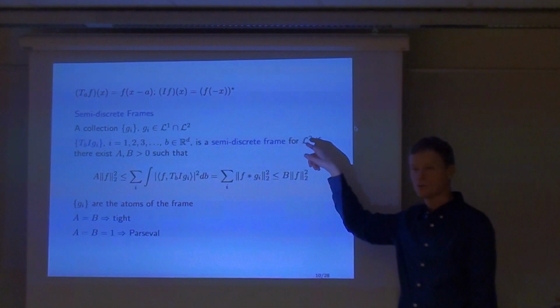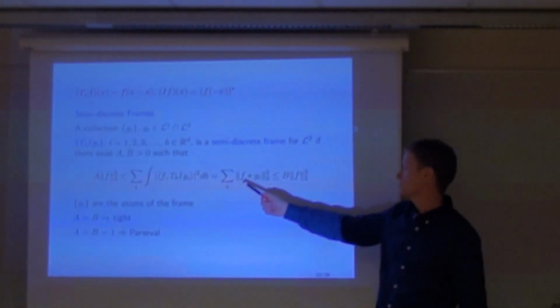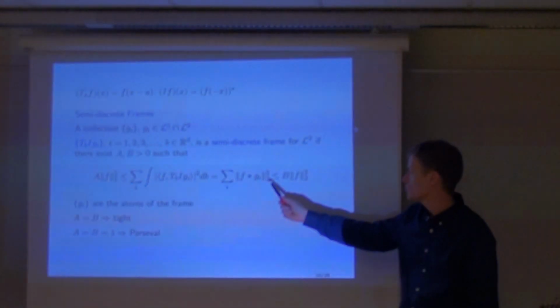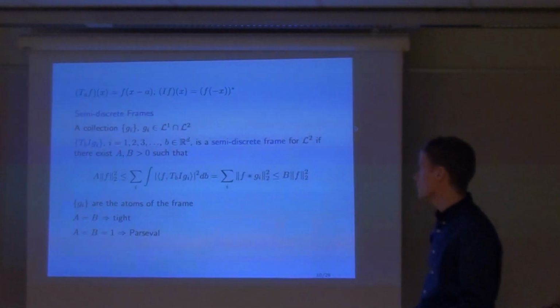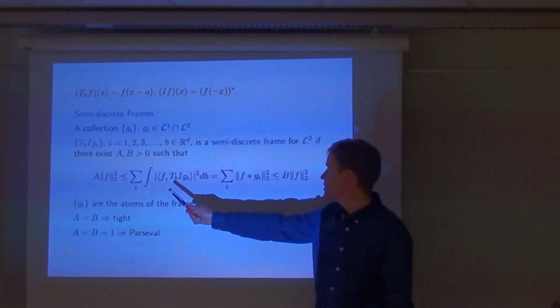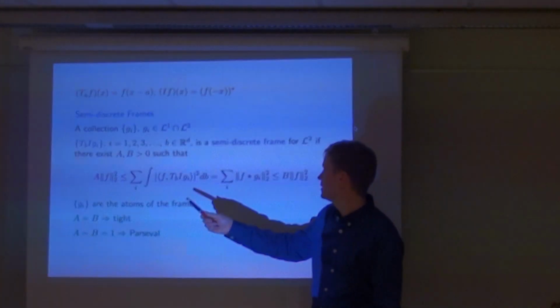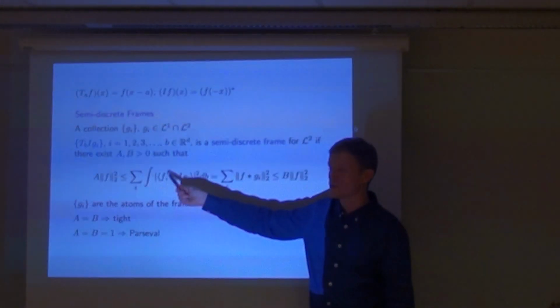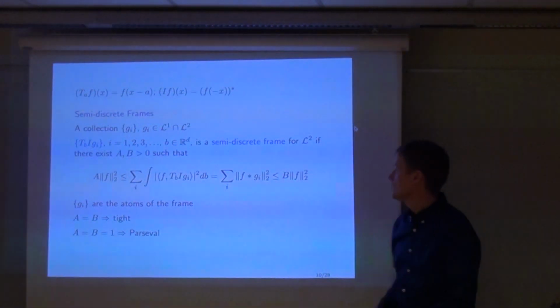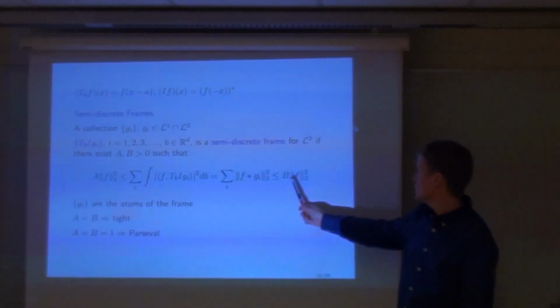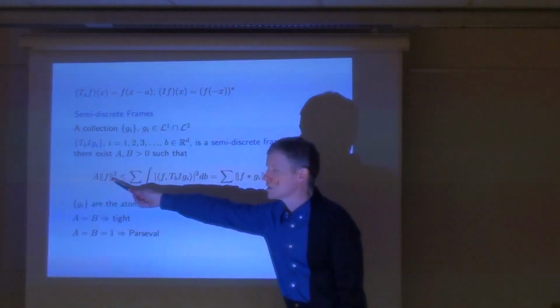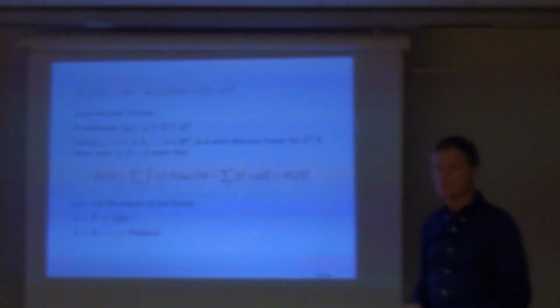Such that for each F in L2, if you do the convolution and you take the 2 norm square and you sum over I, and integrate over B, you get something that's bounded between B times norm of F squared and A times norm of F squared.